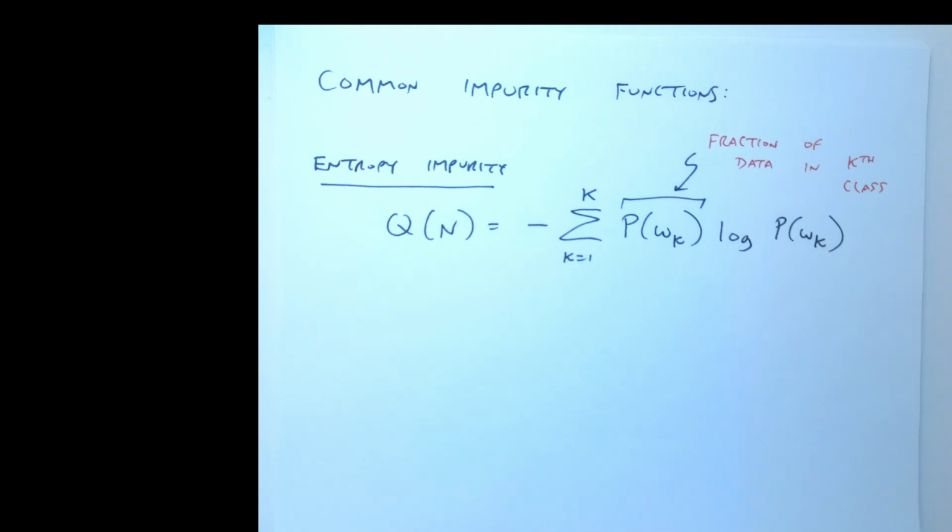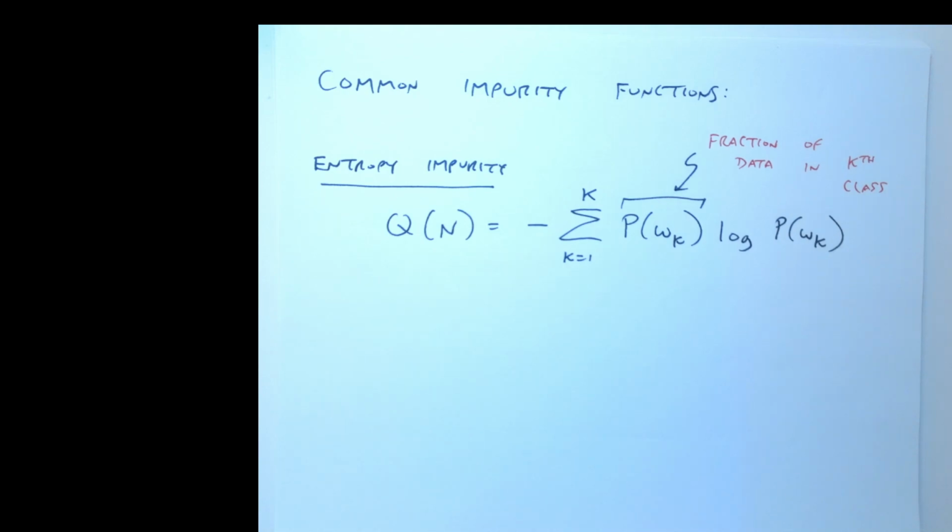For example, suppose that I have entirely certain classes. In that case, the probability of one of the classes is going to be 1, and the probability of all the other classes is going to be 0. So I'm multiplying a bunch of zeros together, and the entropy is going to be 0 because there's no uncertainty at all in that decision.